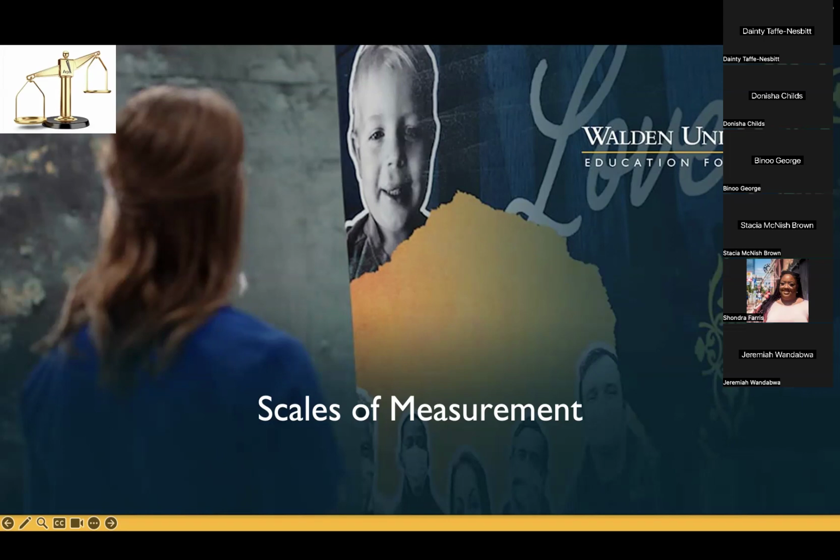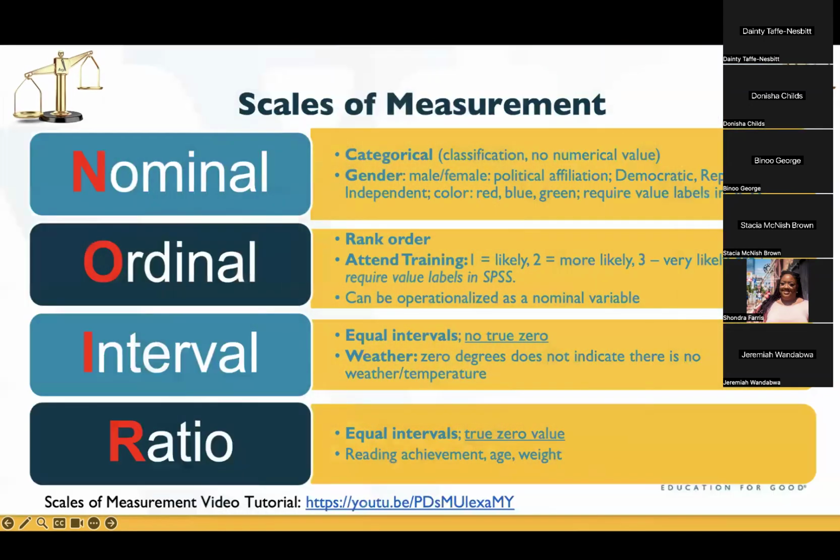We're going to go over this very quickly here because you'll have links to the scales of measurement for a more in-depth conversation. But there are basically 4 scales of measurement: the nominal, the ordinal, the interval, and the ratio. And again, depending on the scale of measurement, there are certain things you can and cannot do.